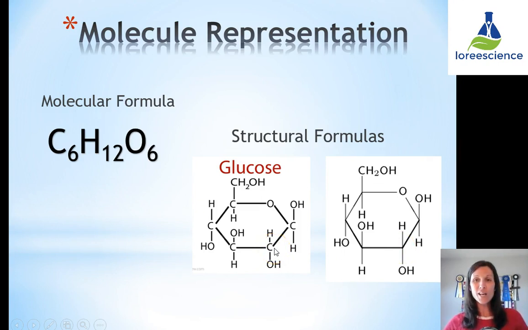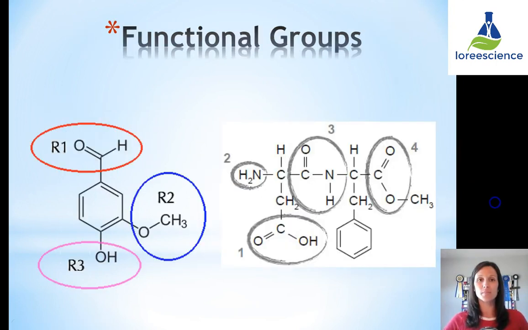Oftentimes, we don't want to have to draw everything all out. It gets cumbersome. So just by drawing that bend, because carbon is the backbone of these molecules, we know that it has to be a carbon atom at that location. So you can choose to draw your structural formulas with the carbon or without, but either way is considered correct, and you will see both ways in this course.